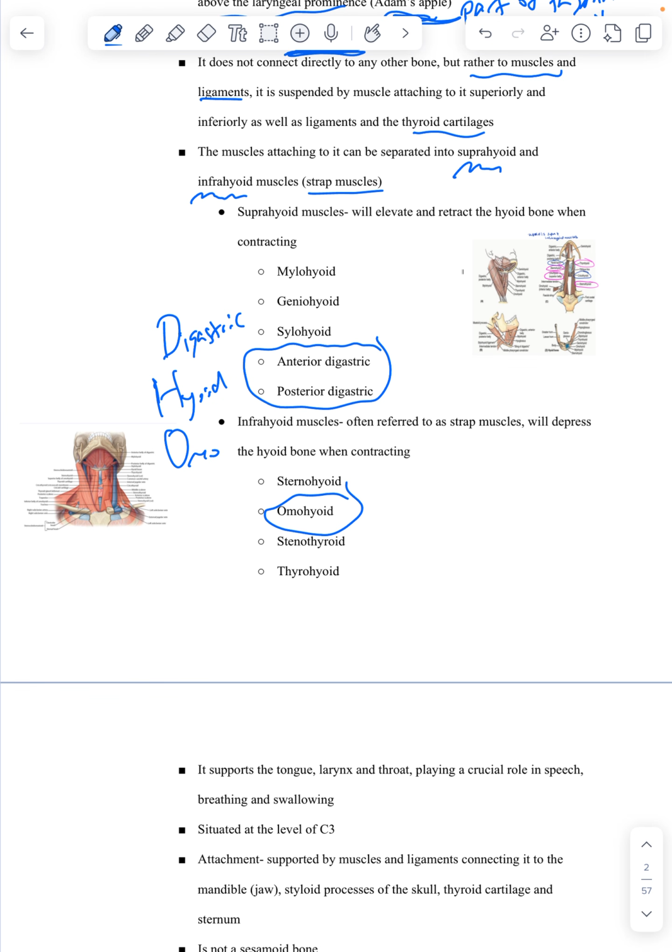hyoid. Digastric has anterior and posterior bellies, and then omohyoid has superior and inferior bellies. Now, the names of the muscles correlate with what they're attached to.